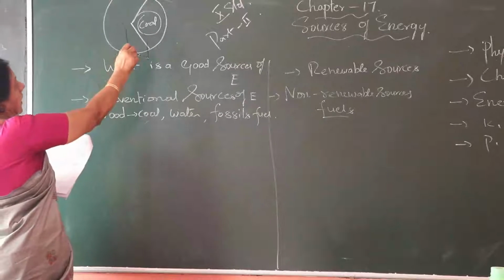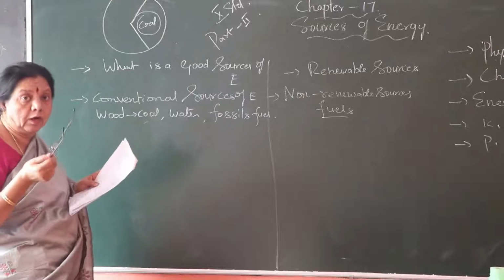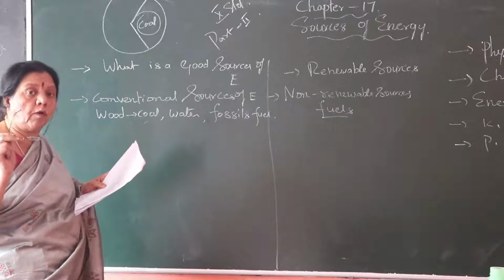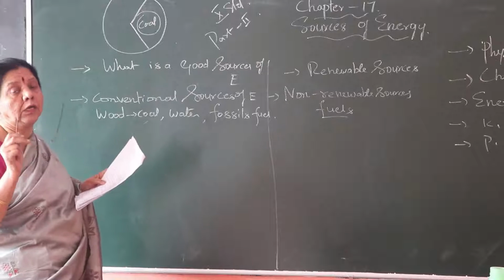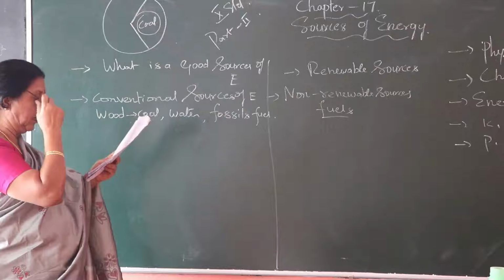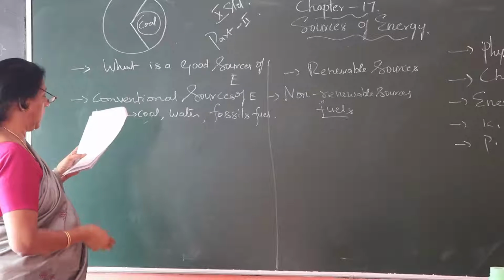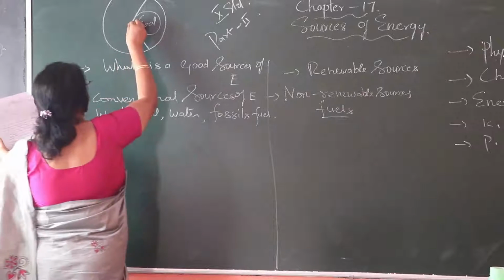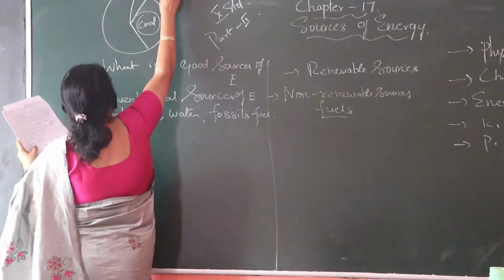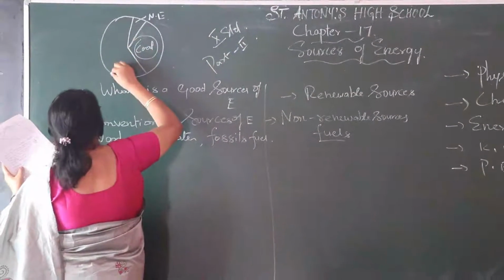We are developing coal also. Out of wood, the charcoal we prepare from trees, we call coal. Apart from that, what have they given? The small part is nuclear energy. They have given nuclear energy. And apart from that they have also given petroleum.